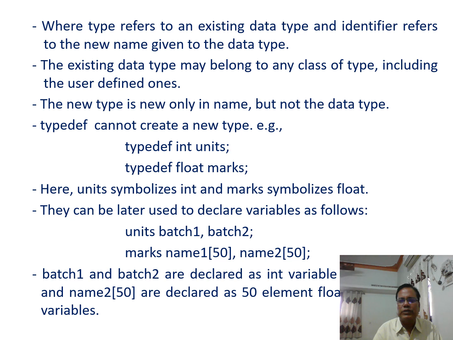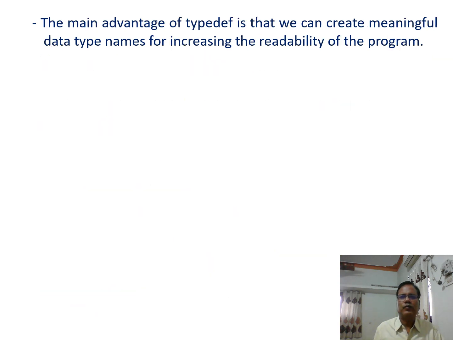Batch1 and batch2 are declared as int variables, and name1 and name2 are declared as arrays of 50 elements of float type. The main advantage of typedef is that we can create meaningful data type names, increasing the readability of the program.